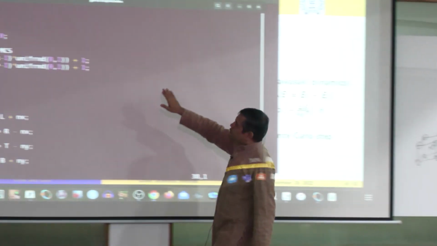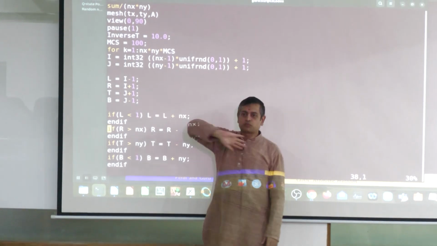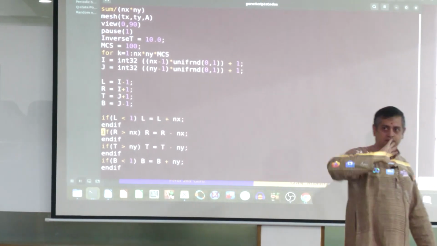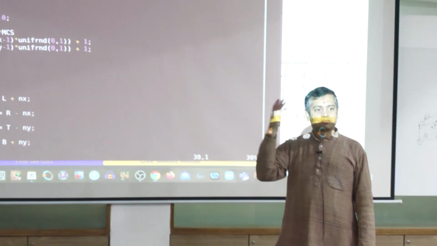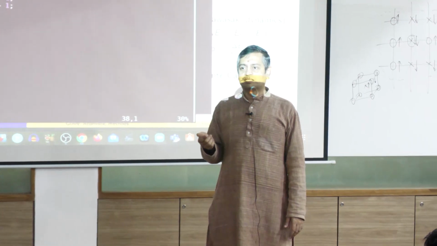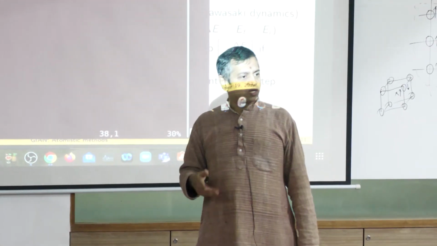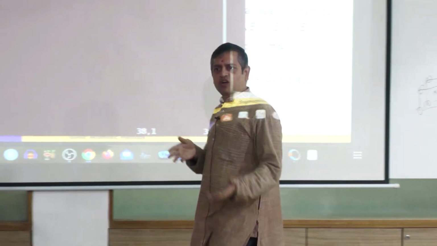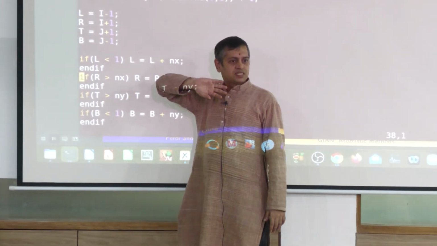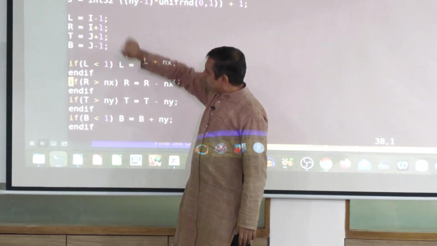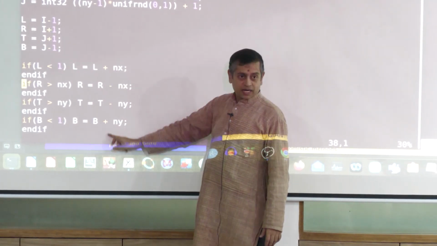Once I have chosen, I am defining left, right, top, bottom points for that point. Left is minus 1, right is plus 1, top is plus 1 on the y side, bottom is minus 1 on the y side, depending on where your origin is. This is how I define left, right, top, bottom for my system. Once I do this, this is where I am implementing the periodic boundary condition.